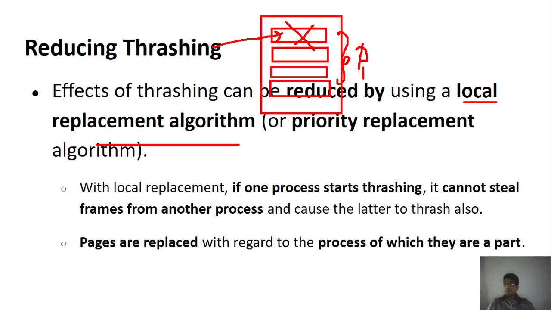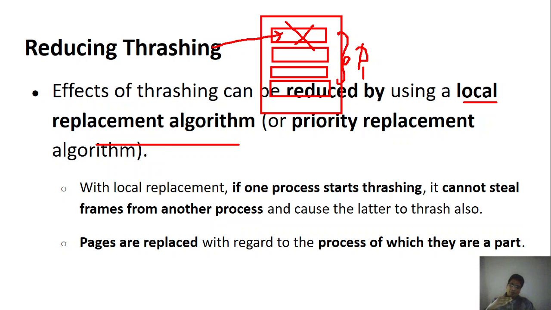Now here what is being done is, the operating system has learned that if it tries to take a frame from another process, everybody will end up in thrashing. So it says, okay, you don't have a page, I will take your page and replace it with the new page. Page or frame, please, I'm interchanging them, my mind keeps taking the same word page, but take it as frame.